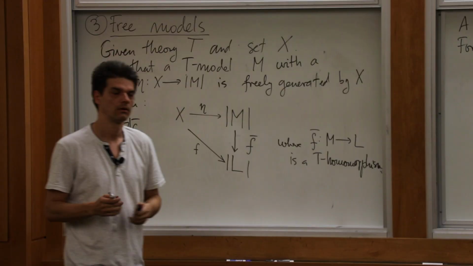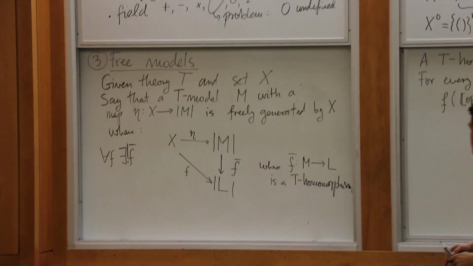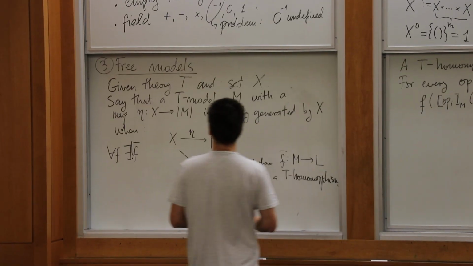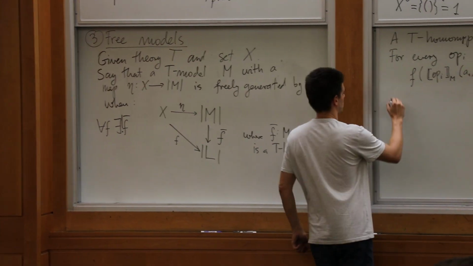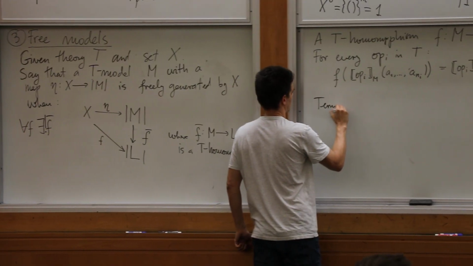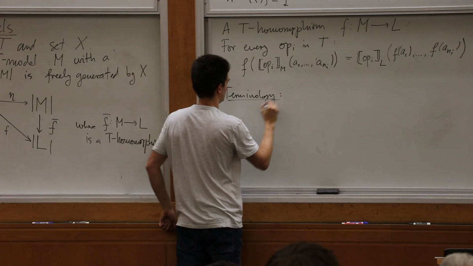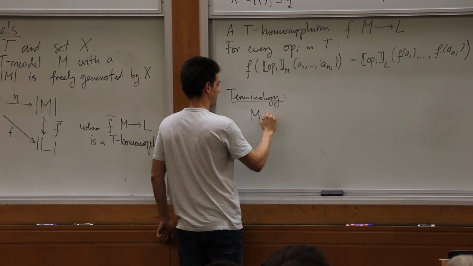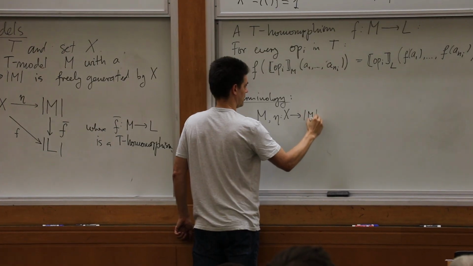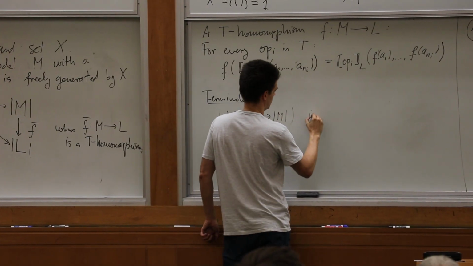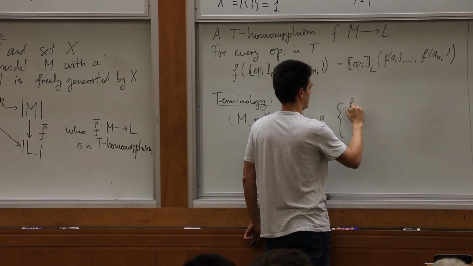What exactly is freely generated? We say that M is freely generated by X. So terminology is going to be that this M together with this map is, well, people say different things.